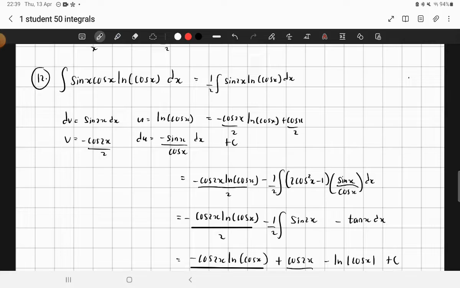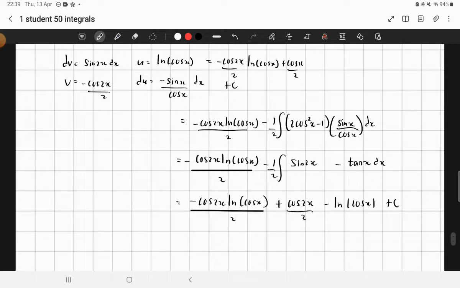Alright, so my answer is negative cosine of 2x multiplied by ln of cosine of x divided by 2, and then plus cosine of 2x, and then minus ln of cosine of x.